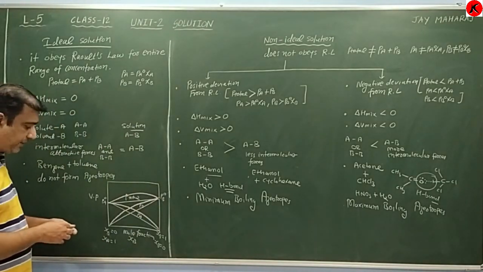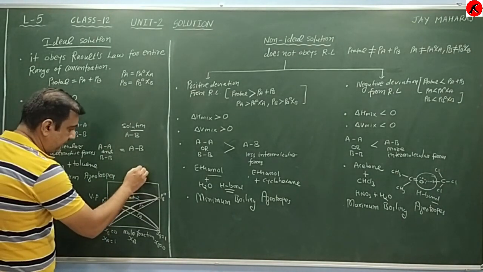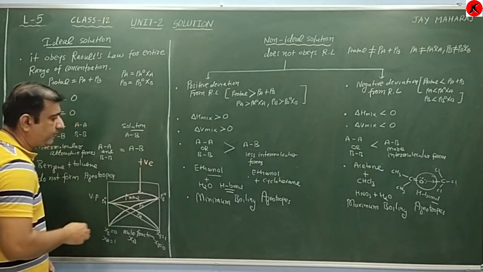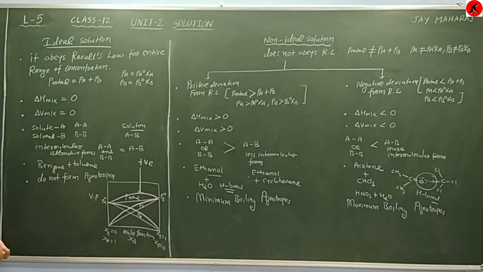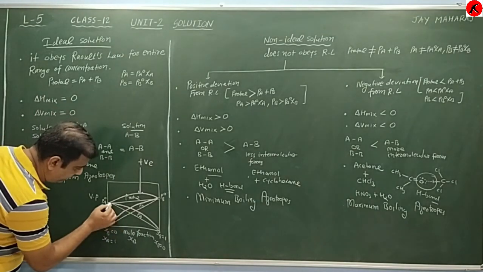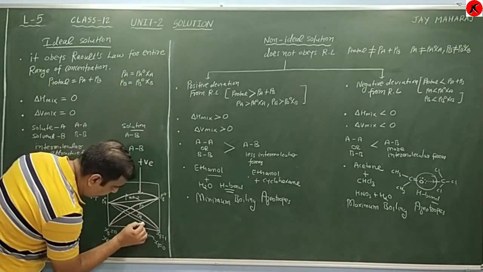This indicates the positive deviation from Raoult's law. Now for negative deviation, vapor pressure decreases, so this graph will be like this.